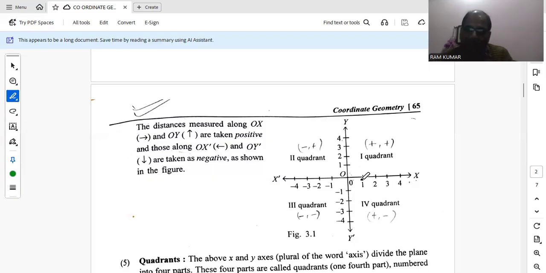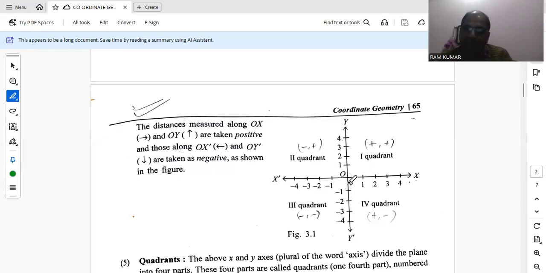After that, you should know how to represent the numbers along the axes. From 0, or from the center, to the right, you have to represent the positive integers. And from 0 upward, you also represent positive integers.